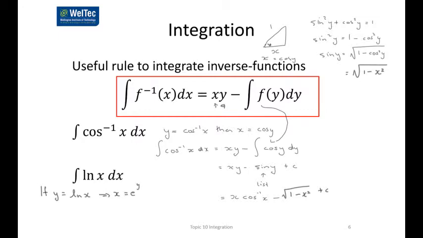And thinking a little bit further, e to the y is equal to e to the natural log x, which equals x. Just hold that thought. So the integral of natural log x dx is going to be equal to xy minus the integral of e to the y dy. And we already know that the integral of e to the y will be e to the y.